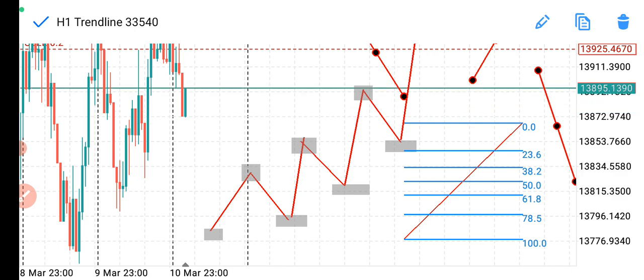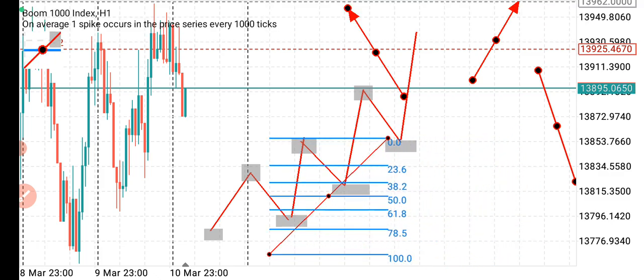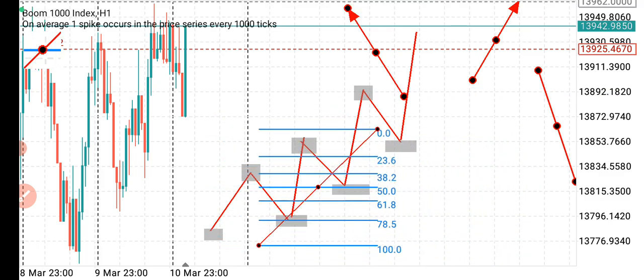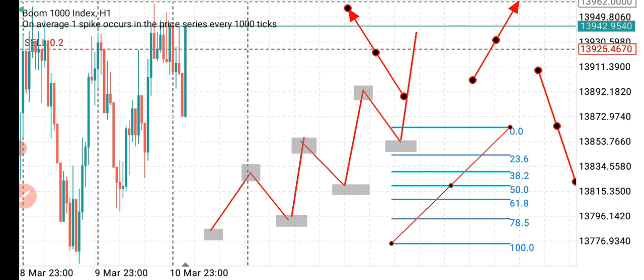So for us to have this, and then after the formation of this leg, that is why it comes to this level and then reverses back.